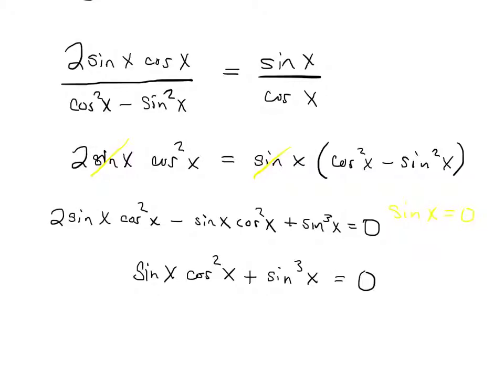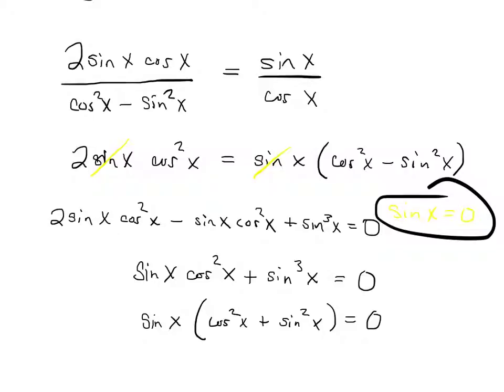Factor out a sine x, and a miracle occurs, because what we're left with is 1. I wanted you to see that miracle. So that means sine x has to be 0, which is what we have over here in yellow. That's a good way to make sure you know what you just did.